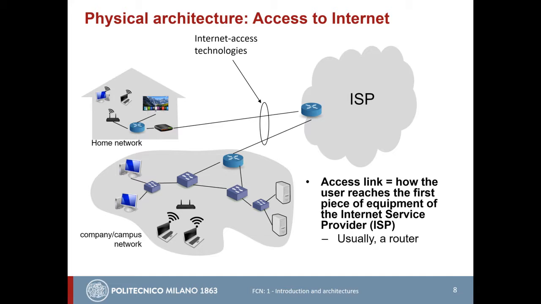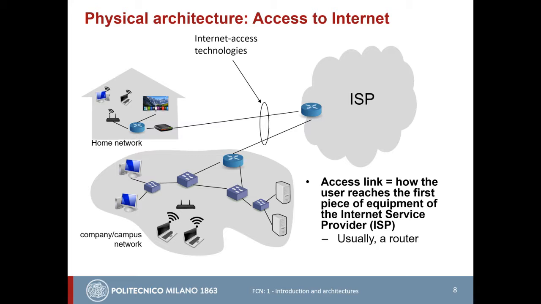When you want to access internet, you have your device that is a host on the terminal side. I have already listed the types of hosts you may have. And also, on the other side, when you want to access the network with the server, the first thing to do is to reach the first node of the network.